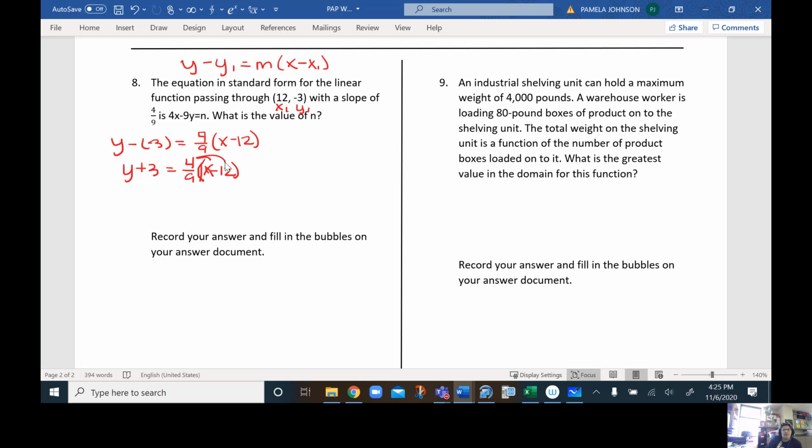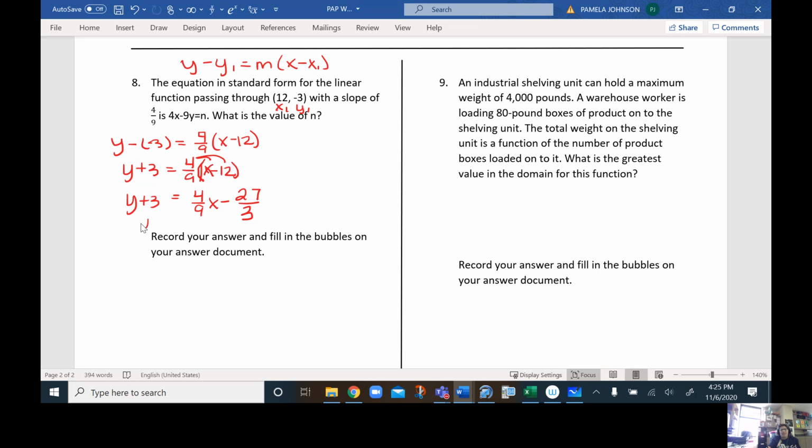We're going to distribute the 4/9. So y plus 3 equals 4/9 x minus 4/9 times 12, which does not really simplify out to a pretty whole number, okay? If you put 4/9 times 12 in your calculator, using the fraction feature, you get 27/3, okay?